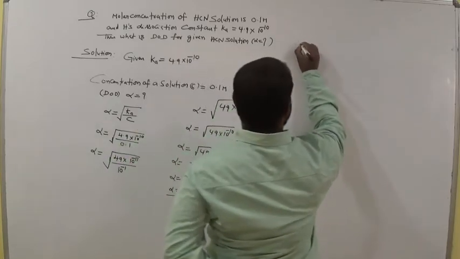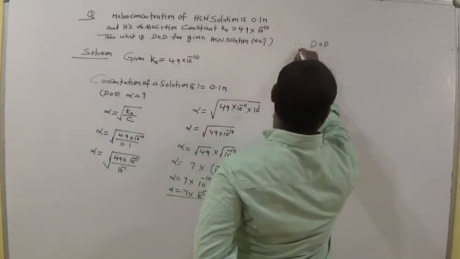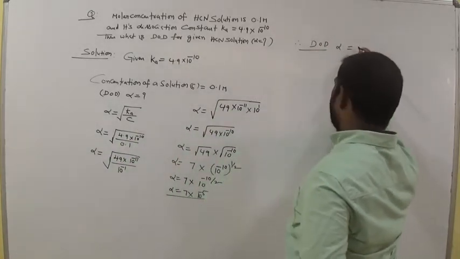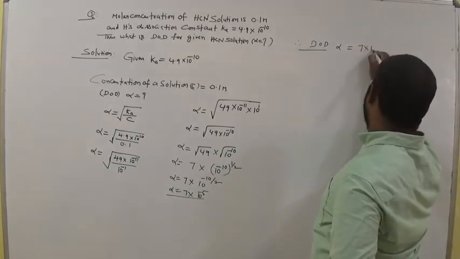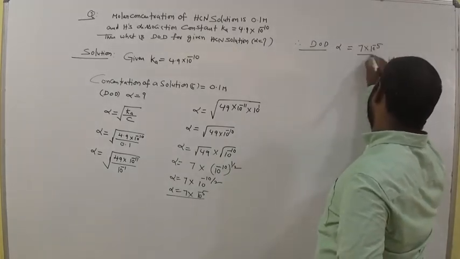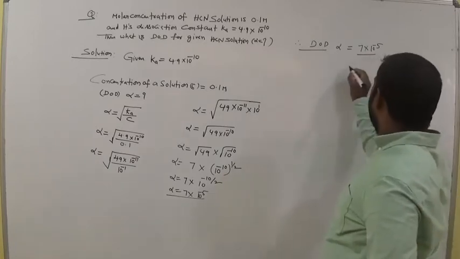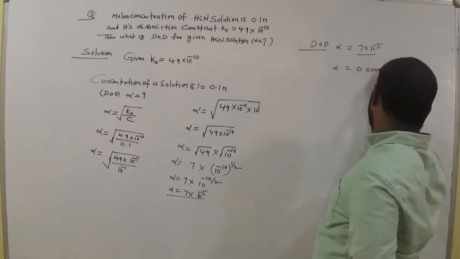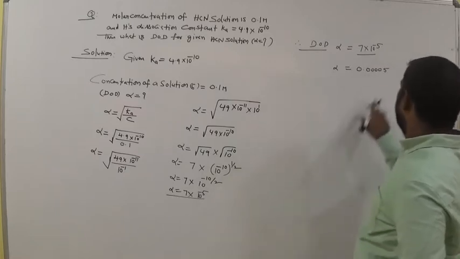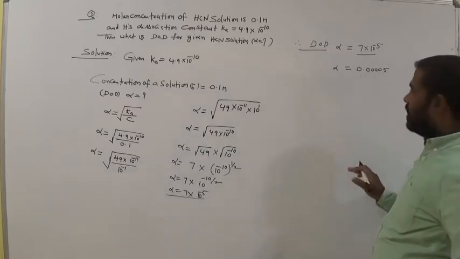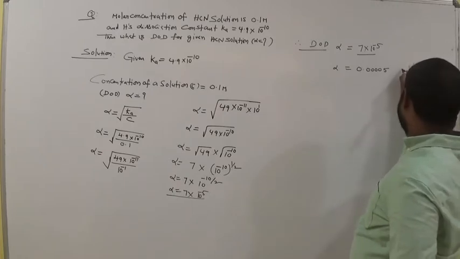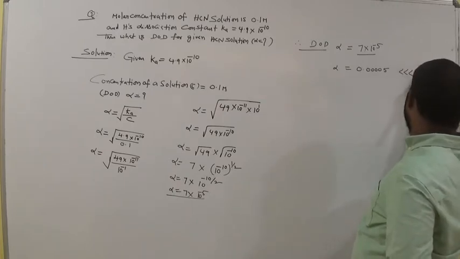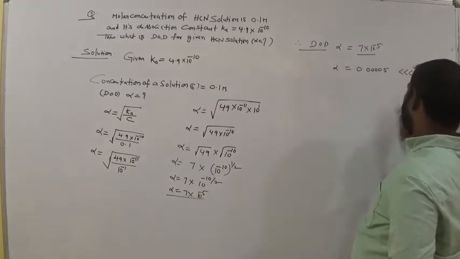Therefore the degree of dissociation alpha equals 7 into 10 power minus 5. Clearly, that means alpha equals 0.00007. Alpha is very much less than 0.05, am I right?